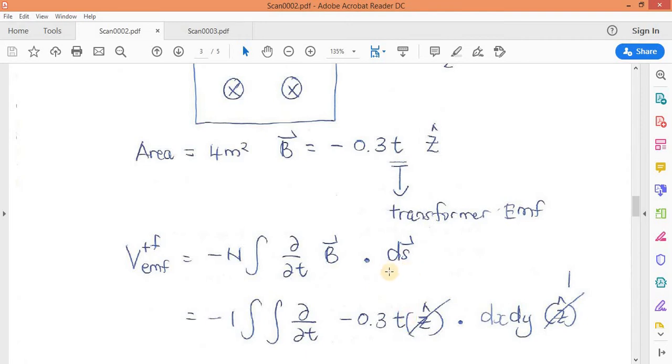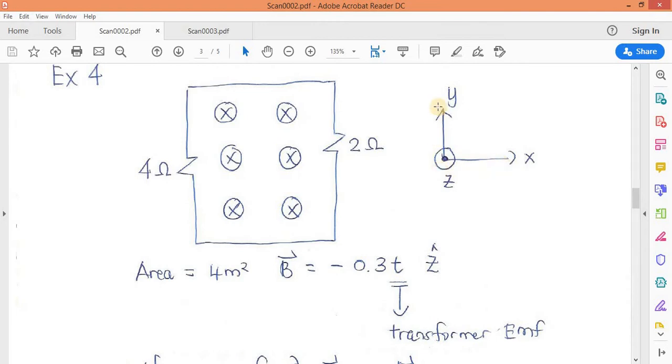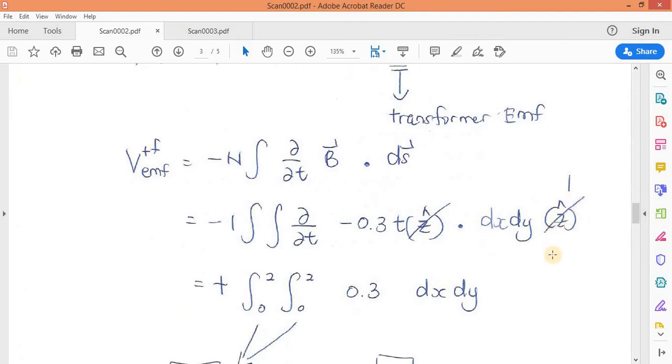Again, for the dS, we have to define the dS. Since we are using Cartesian coordinates, we will use the Cartesian coordinate to represent it, so here will be dx dy, and the direction will be positive z. So we can cancel these two unit vectors, and it produces 1.